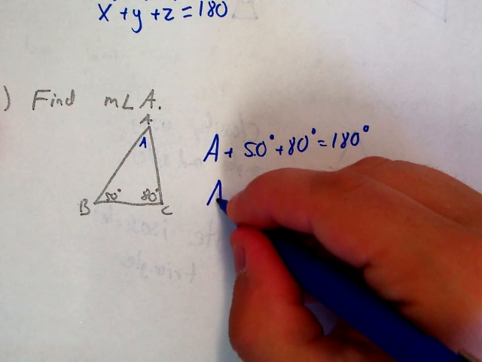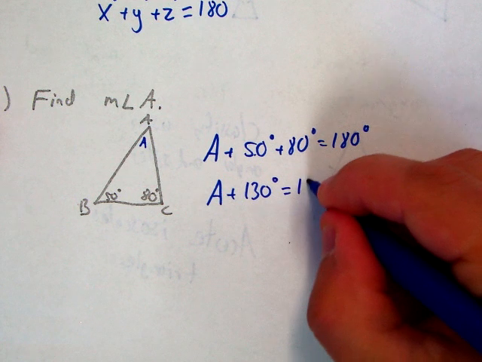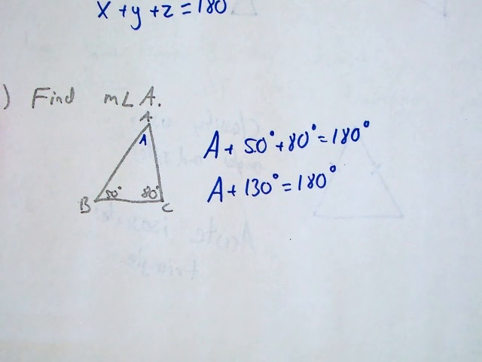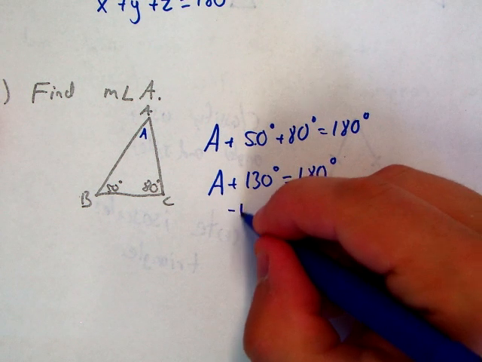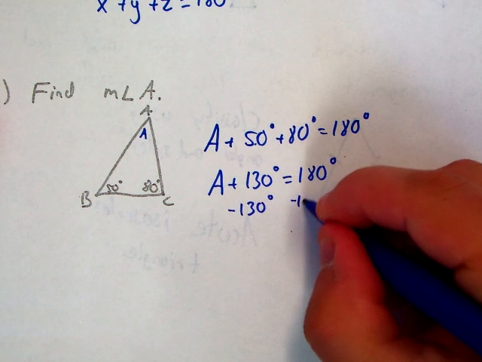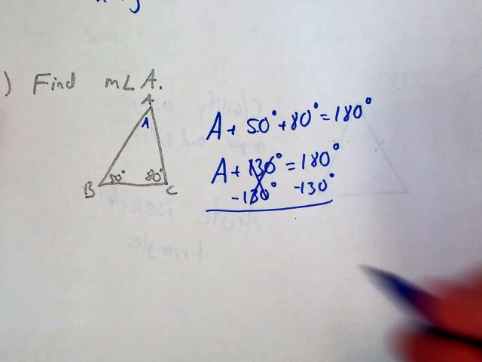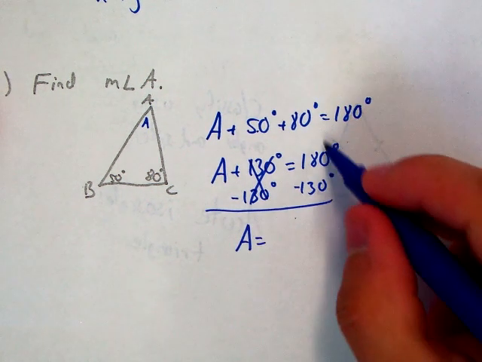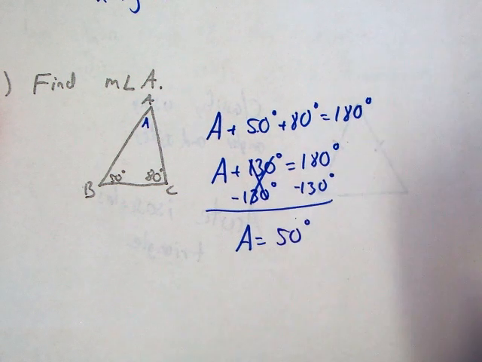So I have A plus 130 degrees is equal to 180 degrees. This here is a one-step equation now. I'm going to subtract 130 degrees from both sides. This creates a zero pair. So all that remains is A. 180 minus 130 is 50 degrees.